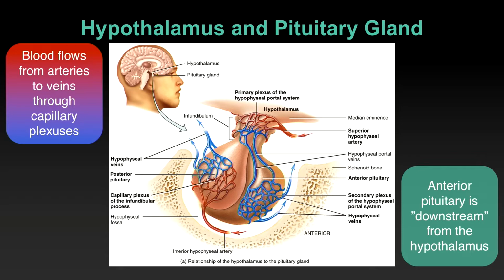And you can trace the flow just like this. There's no connection between the anterior and posterior plexuses on this slide. Unidirectional flow, we'll call it. Actually, the whole cardiovascular system is unidirectional flow, but we'll get there.